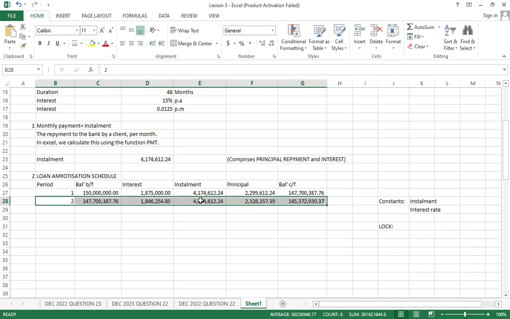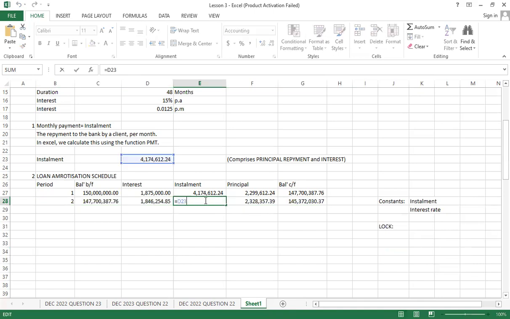Double click on the figure so that you go back to the formula for it. The formula is the cell from which you copied, like in my case, D23. To lock a cell, you put the $ sign before and after the letter. Like if this is D23, I put the $ sign before D, and again I put the $ sign after the D.